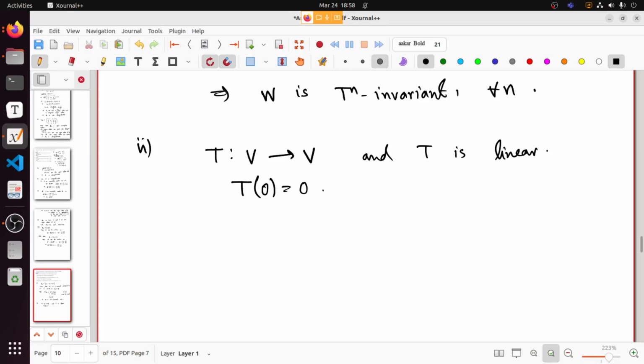Which implies the 0 subspace is invariant under T. And T is a linear operator from V to V, so trivially V is an invariant subspace of T.